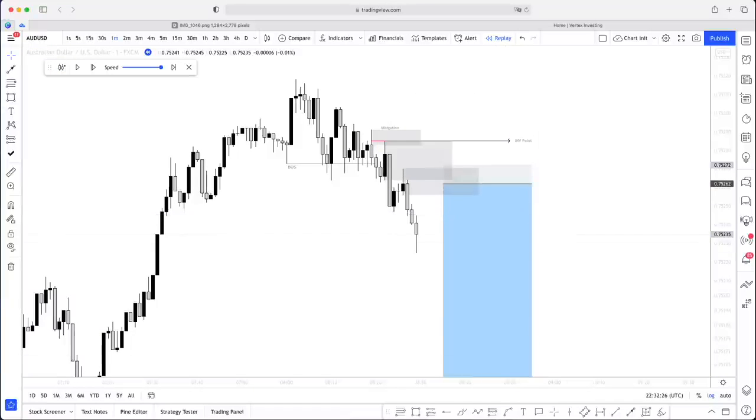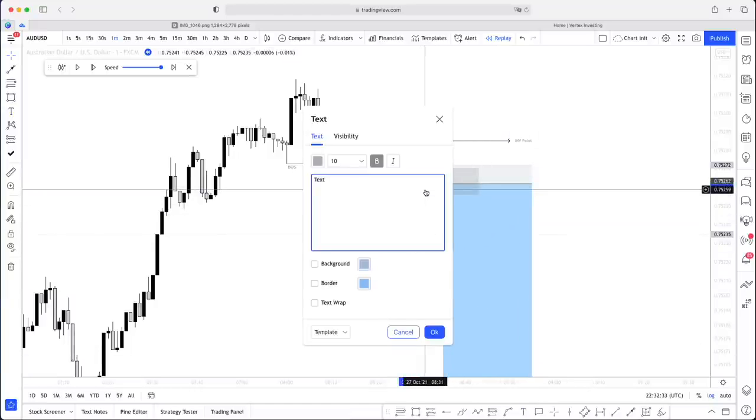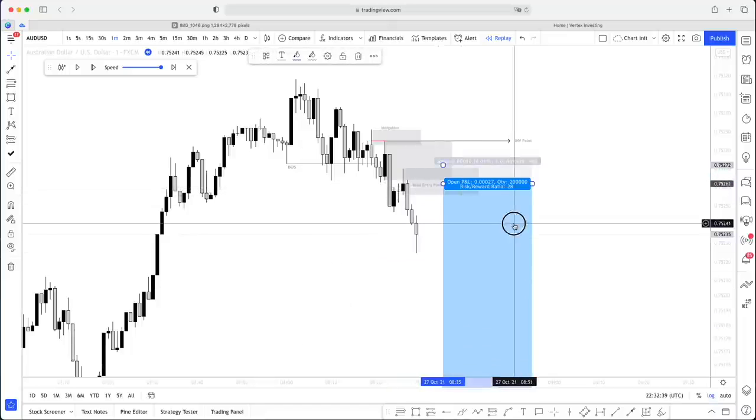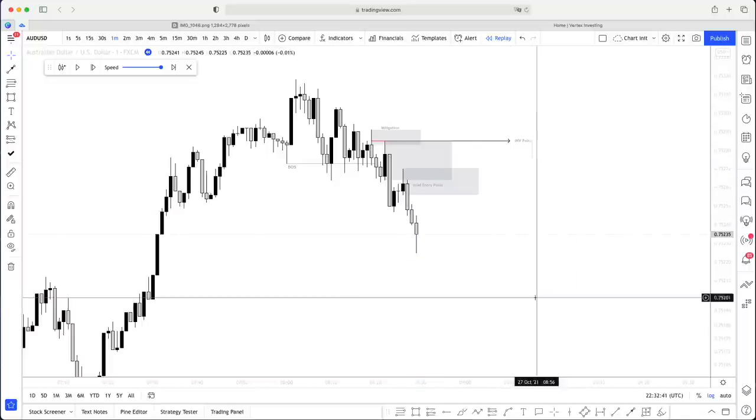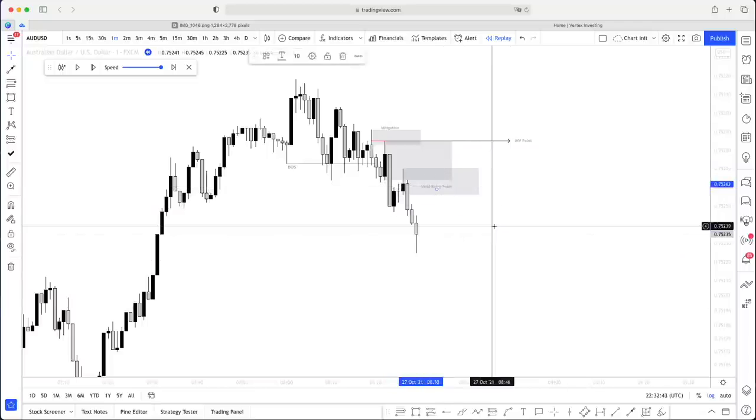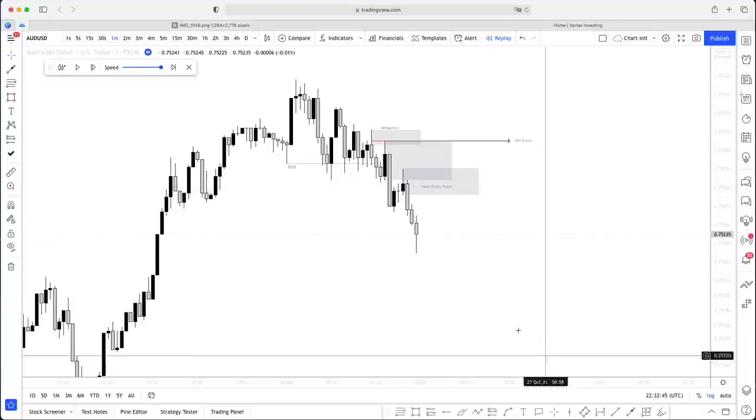Okay, so again, what I'm going to write here is valid entry point, and I'm going to just hide this one for now. There we go. Valid entry point. And now what we have is clear mitigation.